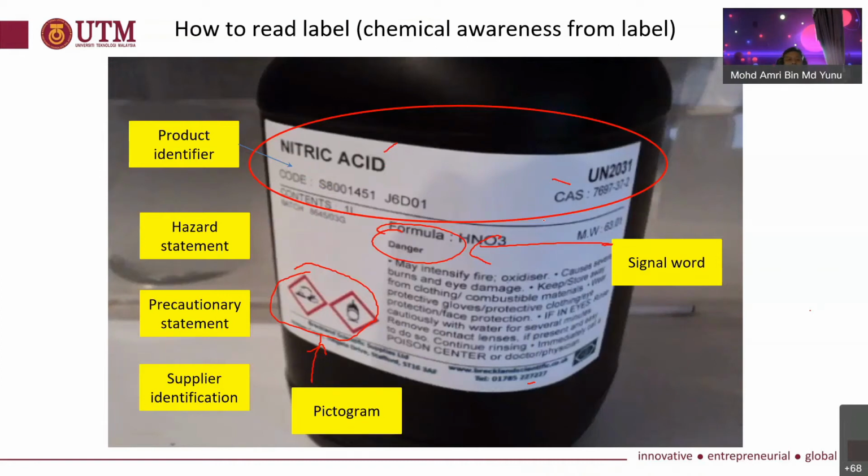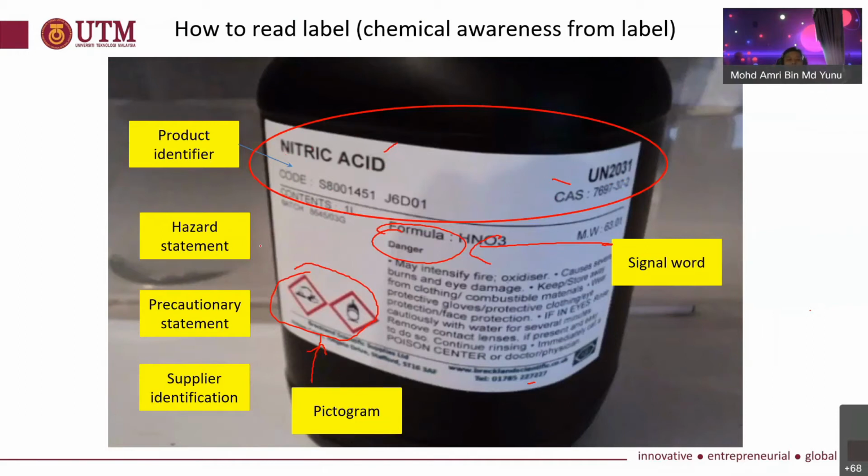Product identifier. See the CAS number. If you Google the number, it will appear. Like this one, 7697-37-2. You Google and then you will get the result: nitric acid.